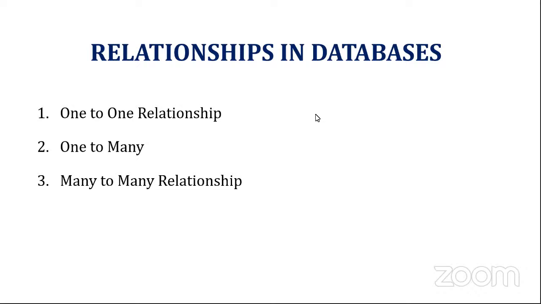For it, it's a bit complex because it joins both. Remember, we said one student can have many teachers. Then we said one teacher can teach many students. So a many-to-many relationship is a combination of one-to-many. But we're not going to go so much in detail with that. We're just going to look at one-to-one and one-to-many.